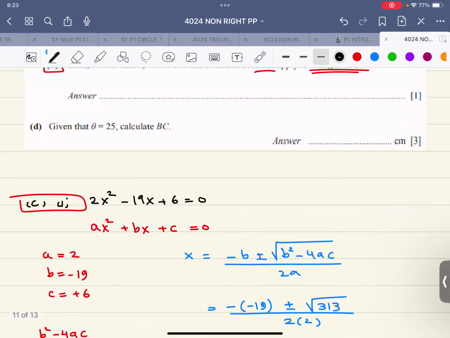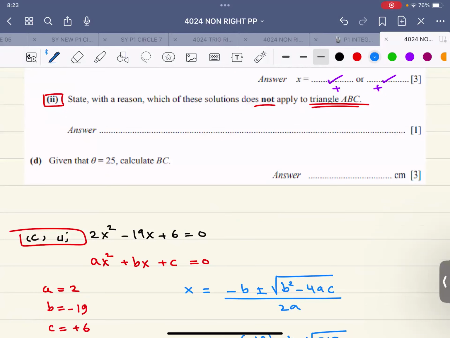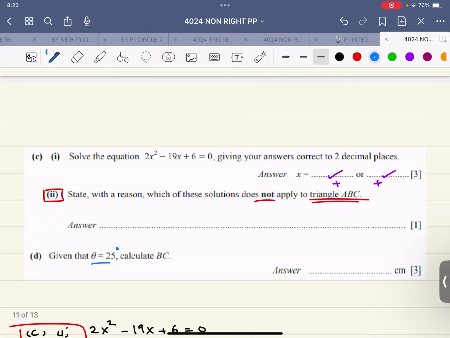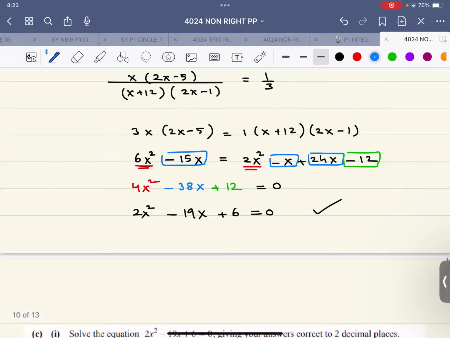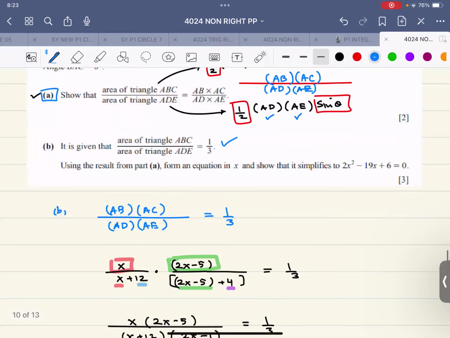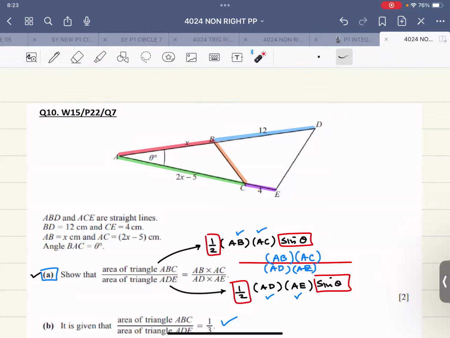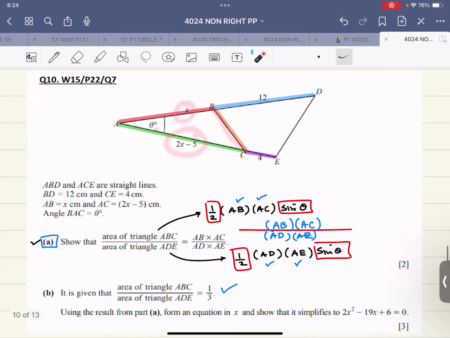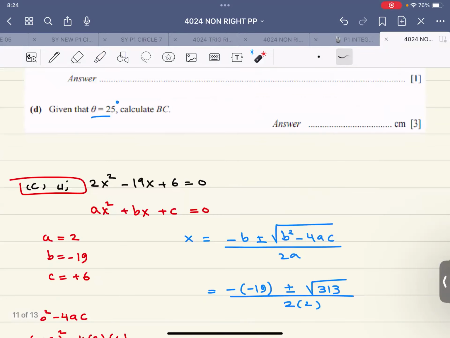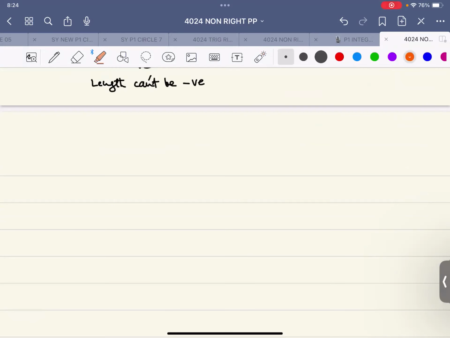Given that theta equals 25 degrees, calculate BC. So BC is this line over here. Let me highlight this. That's the orange one. So we have two sides. This is x. This is 2x minus 5. Angle is theta. So let me continue over here. We have a length that is x.